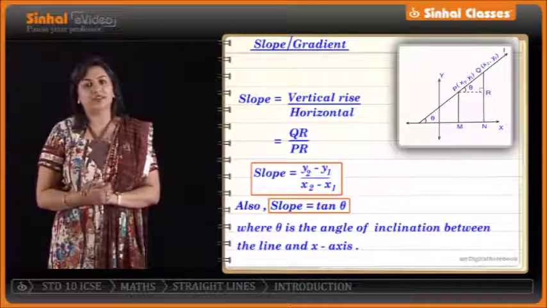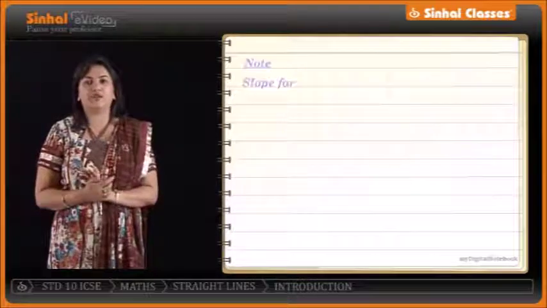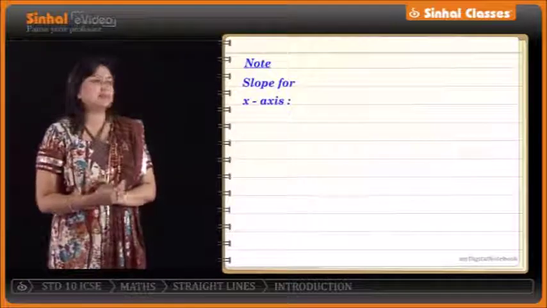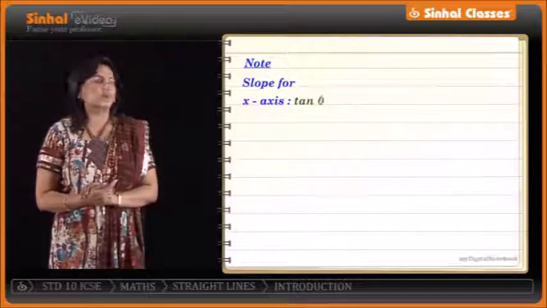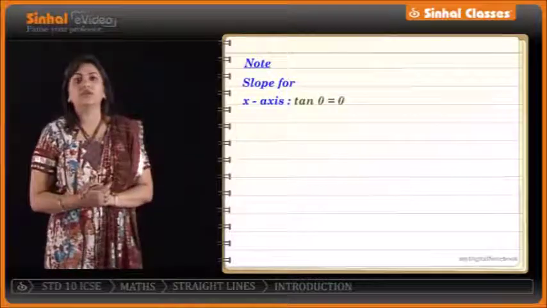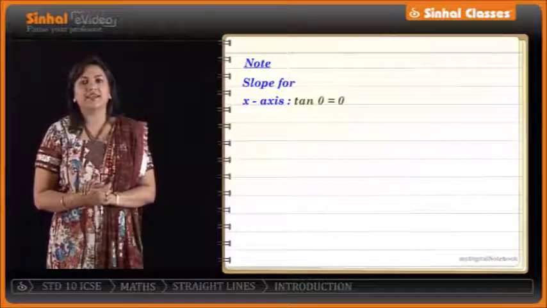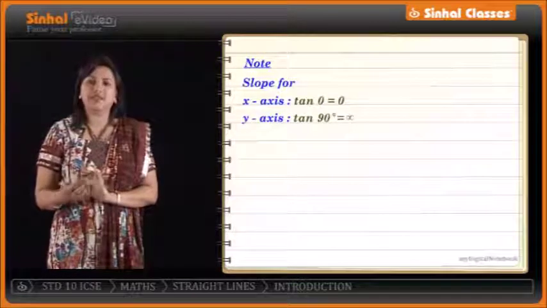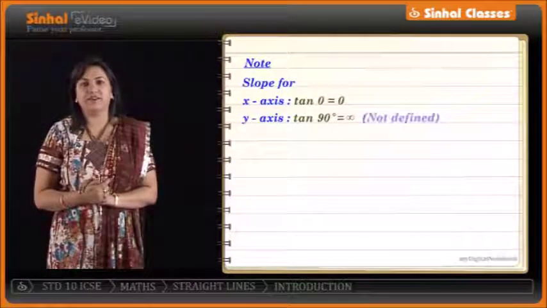Now let us look at the slope in different forms. That is, slope of x-axis is tan 0, which will be 0. Slope of y-axis is tan 90, which is infinity. We can say it is not defined.